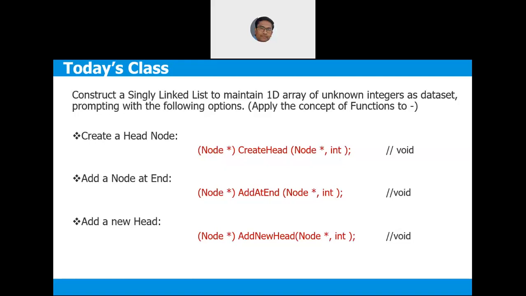The address of head in main and the address of h in create head are different. What matters to us, or what makes sense, is the address of head. That means the head node pointer which is in main, which was earlier pointing to null, is now not pointing to null after create head if your node creation is successful.